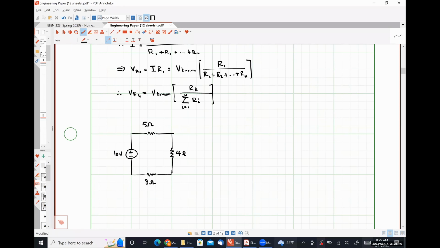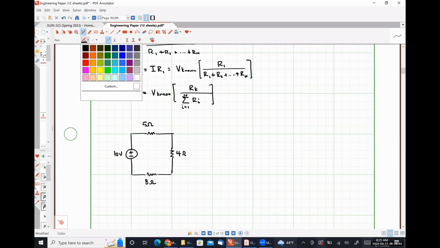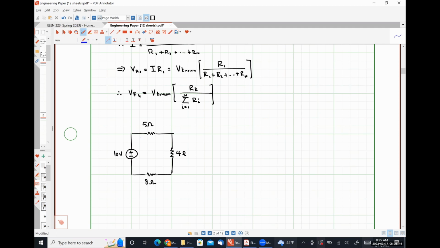And an 8 ohm resistor. And I want us to figure out two things. The first thing will be the voltage drop over the 5 ohm resistor with this particular polarity. And the second thing will be the voltage drop over the 4 ohm resistor with this particular polarity using voltage division.